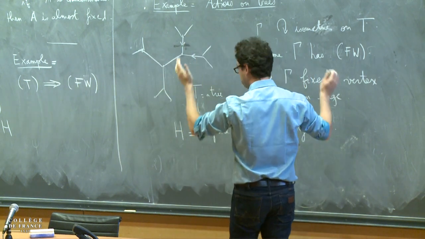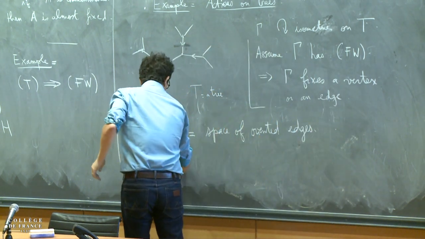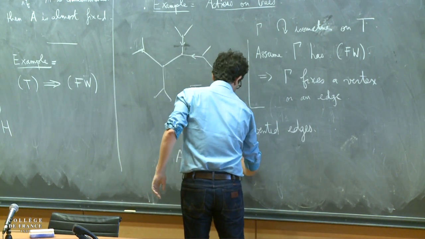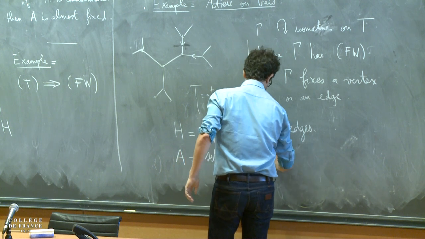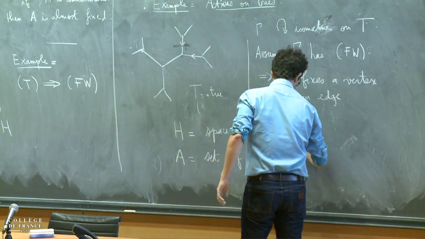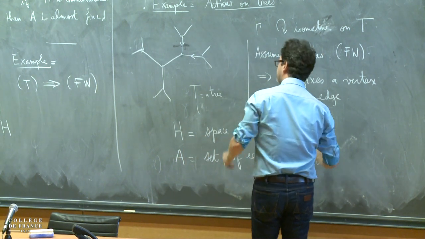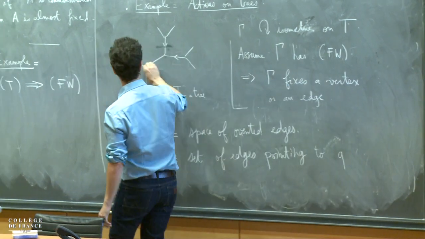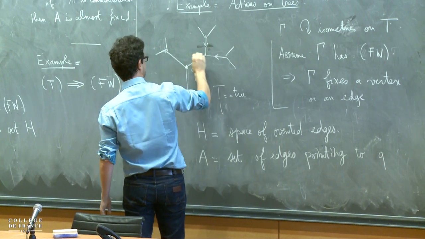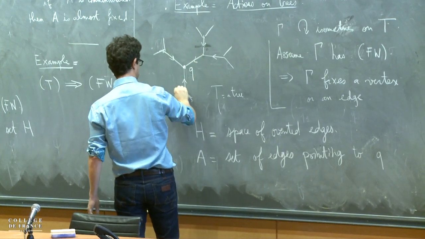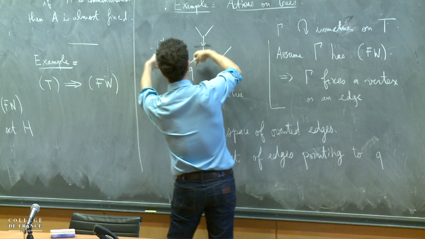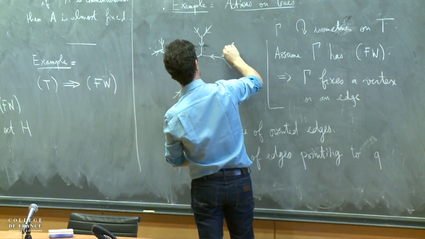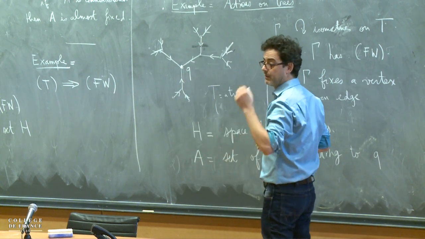That's my space of walls. And A is the set of edges pointing to a fixed point, let's say Q. So I fix a vertex Q, and I look at all edges that point towards Q. So this one is not an edge in A, this one is.